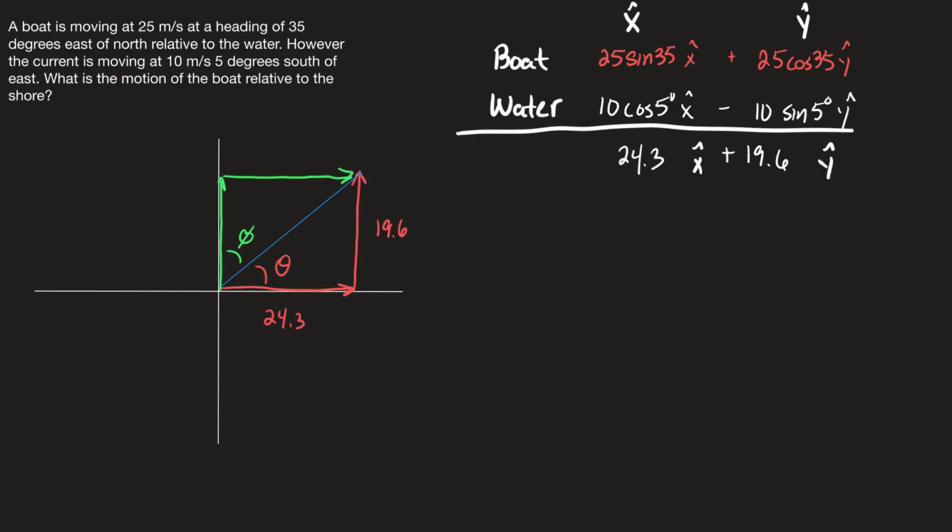I want you to understand something here that is important. You would do the inverse tangent here to figure out what your angle is going to be. This side's going to be 19.6 divided by 24.3. The other side's going to be 24.3 divided by 19.6. They're inverses of each other. With the tangent function, that just gives you the complementary angle.